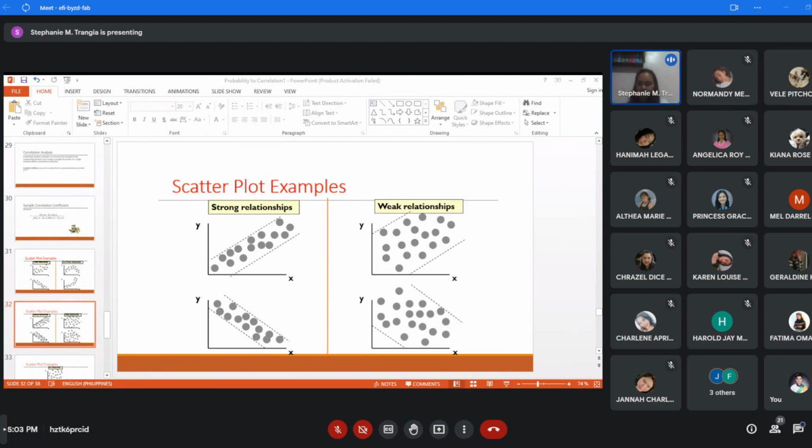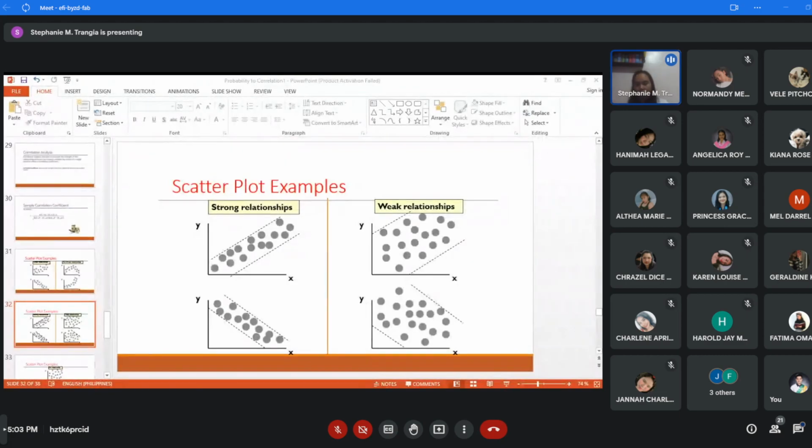If the data points have an upward or downward trend and the points are very close along a straight line, the relationship between the two is strong. Meaning, one variable is a good predictor for the other.